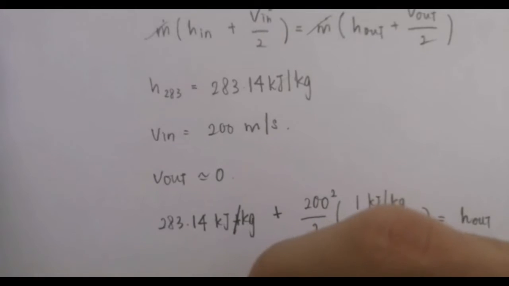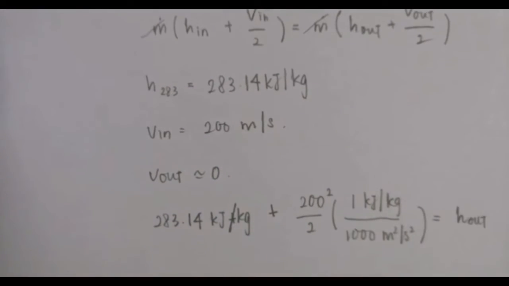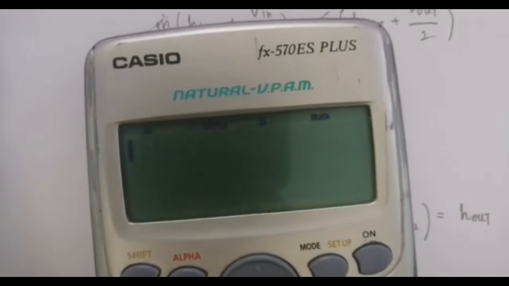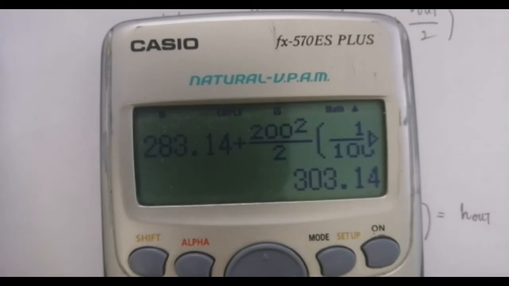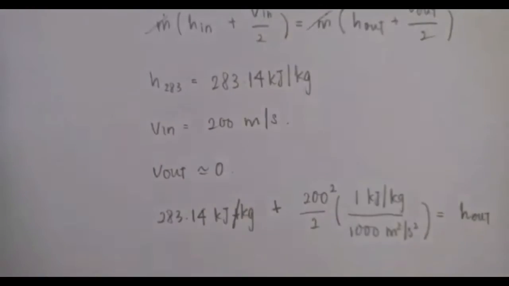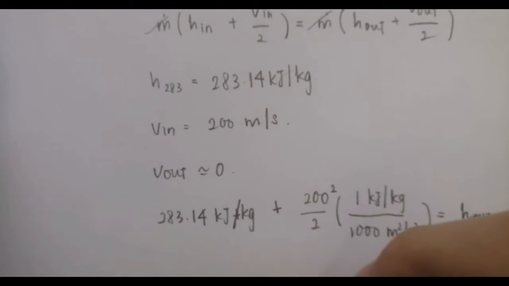Now the enthalpy out value we can get by using a calculator: 283.14 plus 200 square divided by 2, multiplied by 1 over 1000. You get 303.14 kilojoule per kilogram.